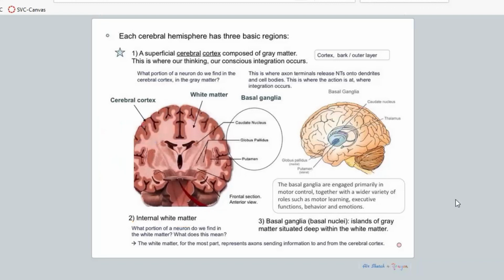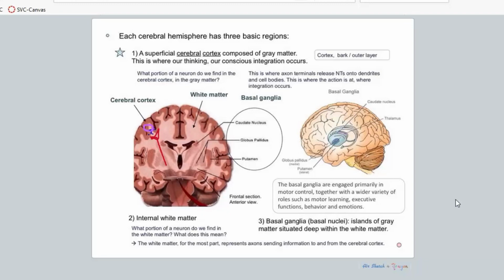And so the way I like to think of it is that you have all these neurons traveling up there, and in the white matter specifically, you have the axon portions. And so these axons are taking electrical information up towards the cerebral cortex. Okay, so the white matter are kind of the freeways, those are the axons, and then what happens is that they release neurotransmitters onto the cell bodies in the cerebral cortex.